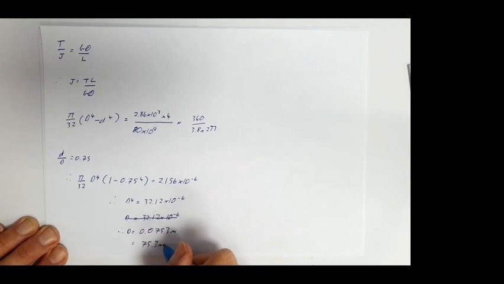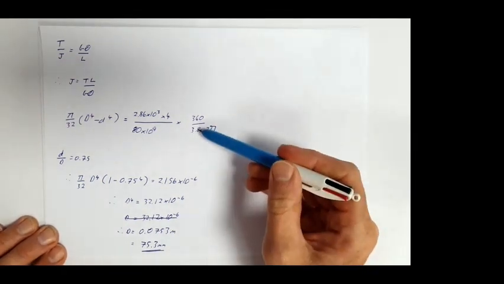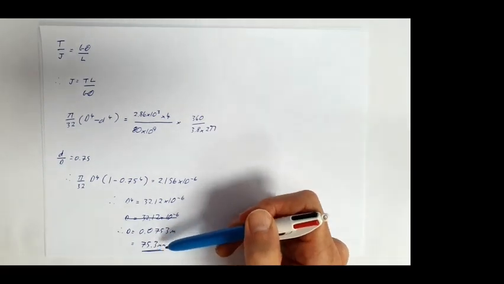So for the first condition, when we were limiting the stress to 70 megapascals, our outside diameter needed to be 67.3 millimeters. But in order to limit the angle of twist to 3.8 degrees, our shaft actually needs to be 75.3 millimeters.